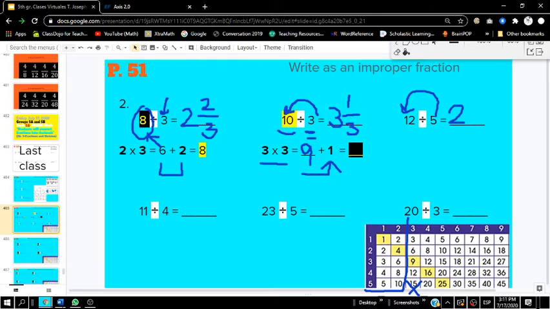And I know that 12 minus 10 is going to give me 2. That's going to be my remainder. Okay, so 2 is also going to be my numerator. What's our denominator? Well, it's the number that we're dividing by, right? The divisor is 5. It's the same as our denominator. So 2 and 2/5 is our final answer. Go ahead and pause the video and do the next 3 on your own.